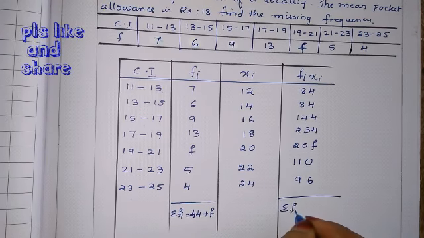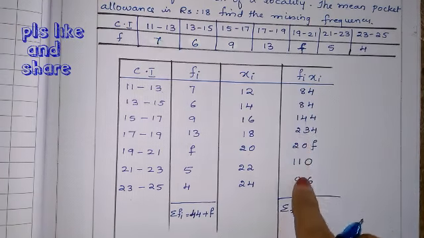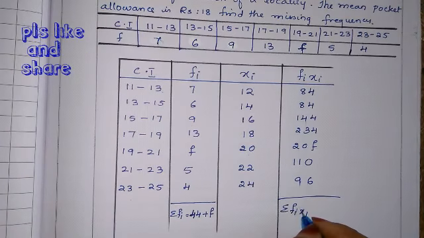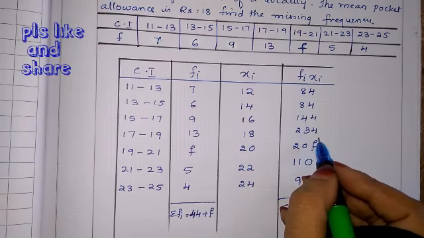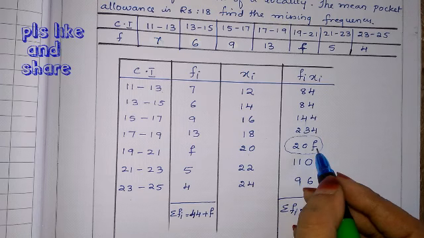Now how do we have to add this? Sigma fi xi, because this is our sigma fi xi. This is the column of fi xi. Sigma is nothing but sum, so we have to add this. We leave 20f because it has f; it is the unlike term.